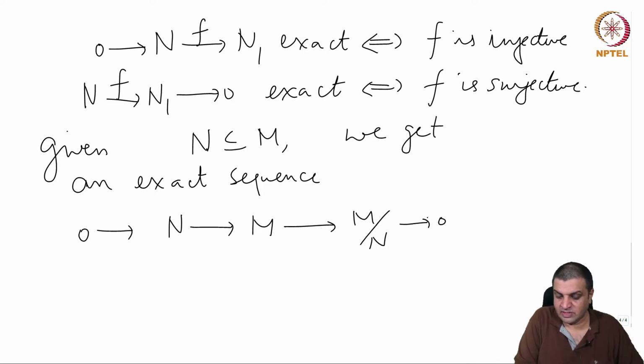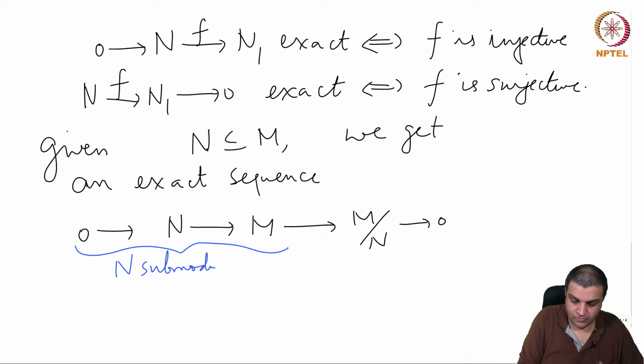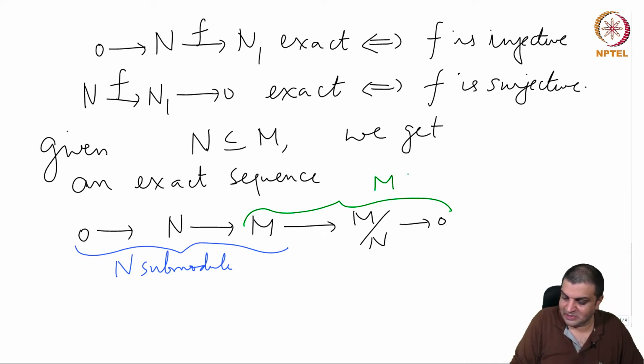So this just says it is surjective. So this much says N is a submodule, this much says M mod N is a quotient module.